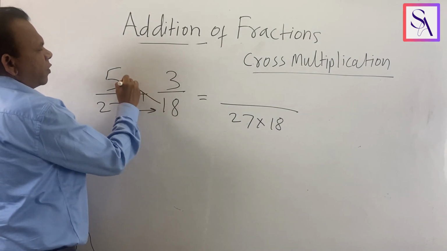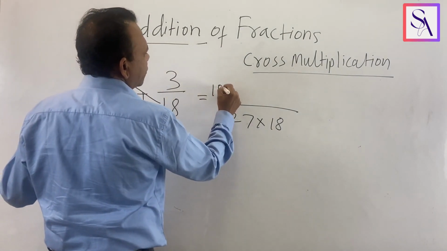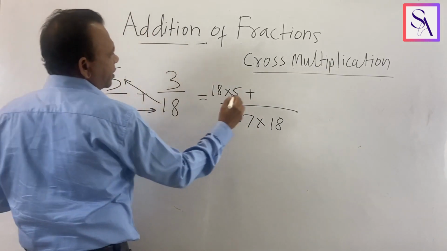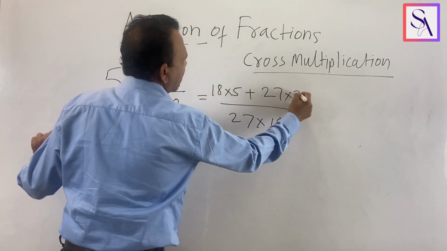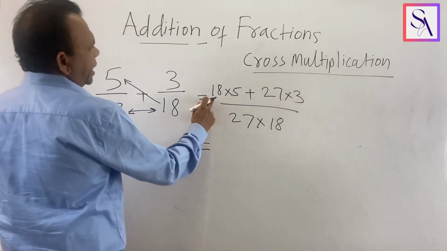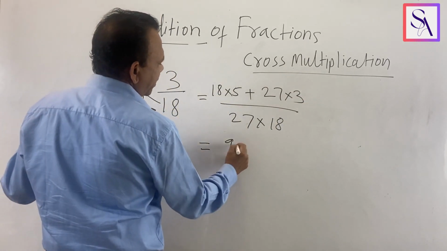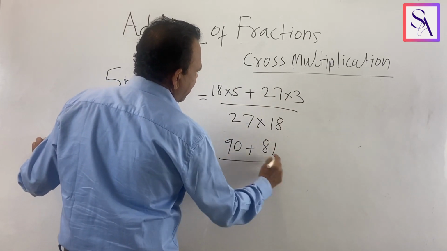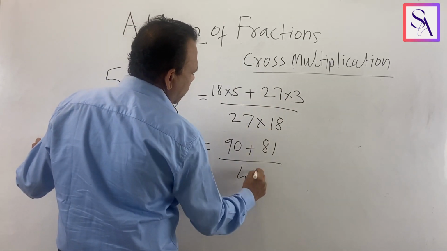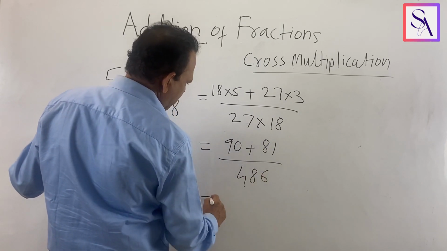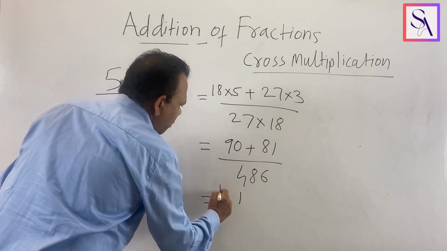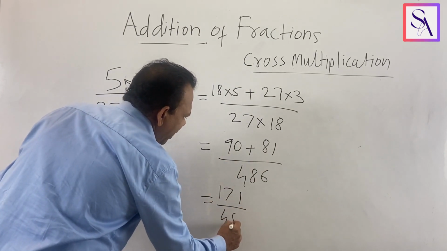So 18 into 5 plus 27 into 3. So 18 into 5 is 90. 27 into 3 is 81. 27 into 18 is 486. So addition of these two, 171 by 486.